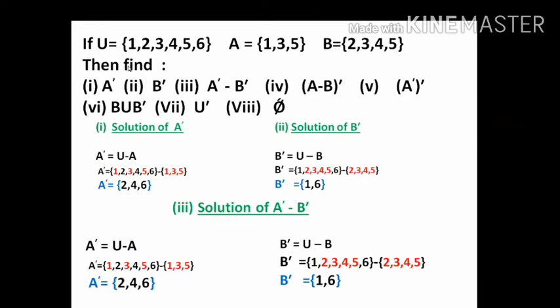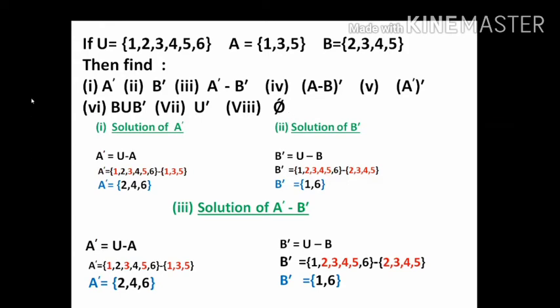Then find number 1 A complement, number 2 B complement, number 3 A complement minus B complement, number 4 A minus B whole complement, number 5 A complement whole complement, number 6 B union B complement, number 7 U complement, number 8 phi complement, which means complement of the empty set.